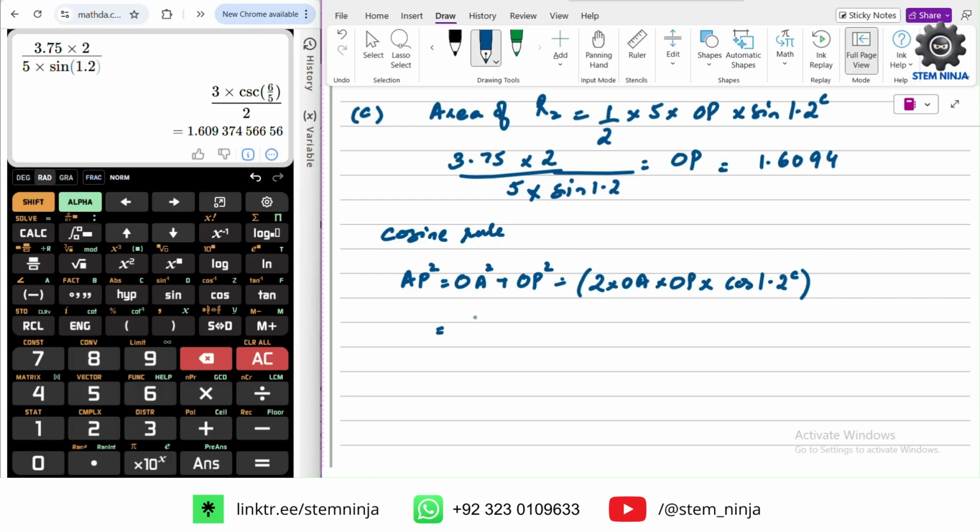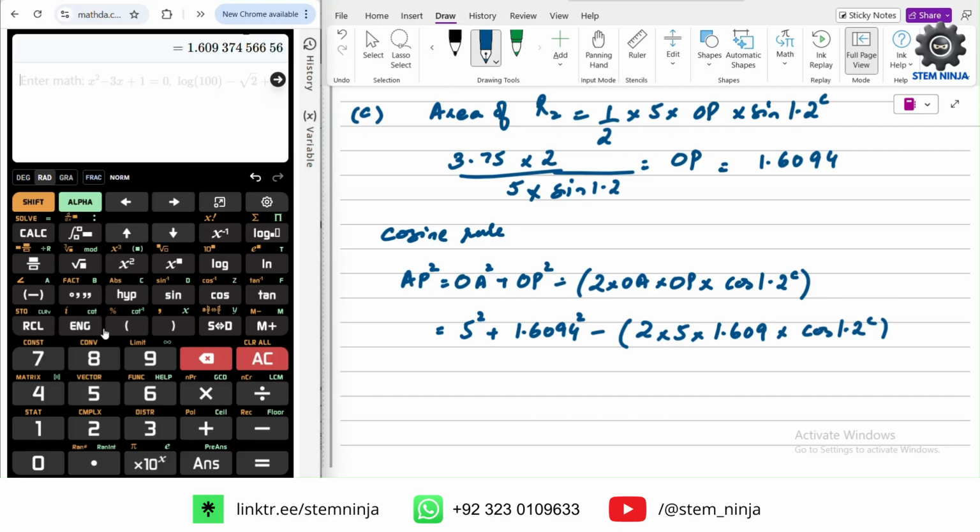So this would be 5 squared plus 1.6094 squared minus 2 times 5 times 1.6094 times cos of 1.2 radians.